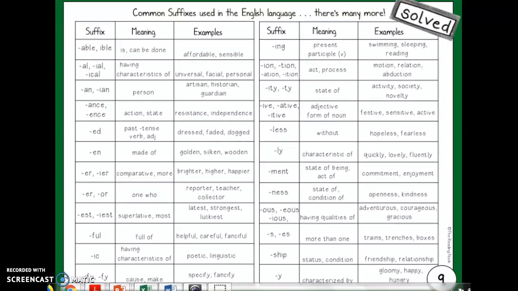Here is a list of common suffixes used in the English language. And again, this is not a complete list, so there are very, very many more of these.